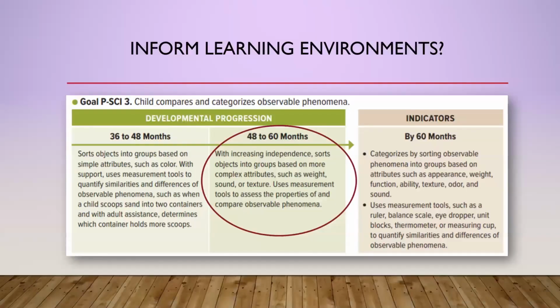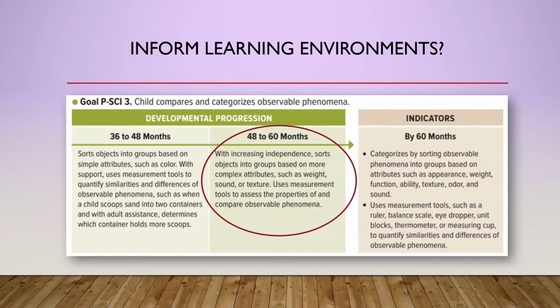How can you use the ELOF to inform learning environments? Generally, the progressions and indicators mention items as part of the description. For example, in this progression on page 63, child compares and categorizes observable phenomena, we see a child should be able to sort objects based on more complex attributes such as weight, sound, or texture.